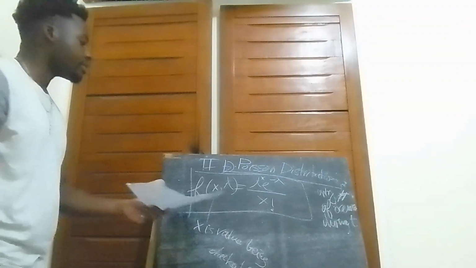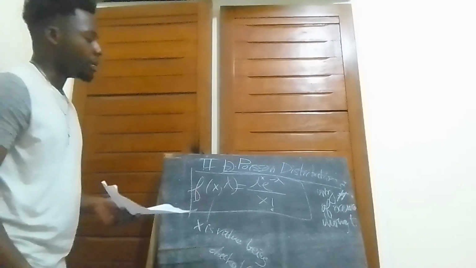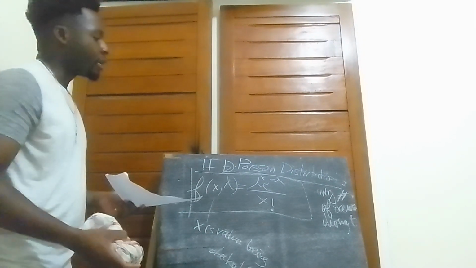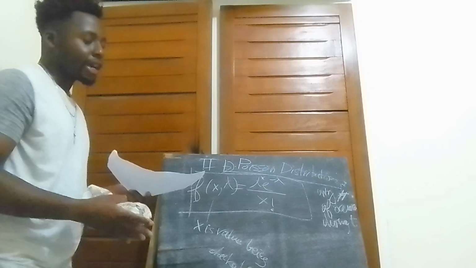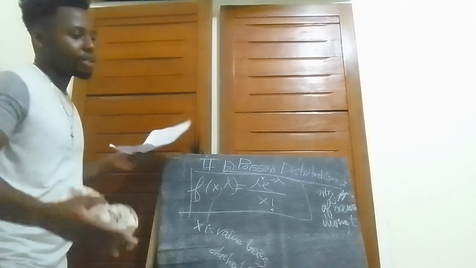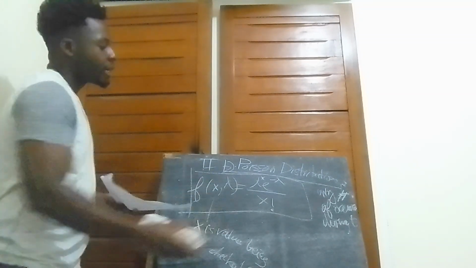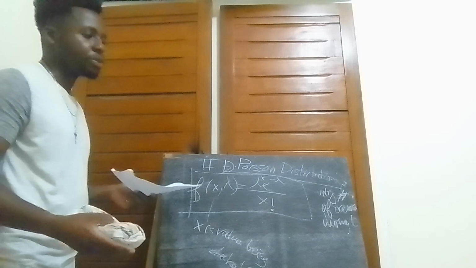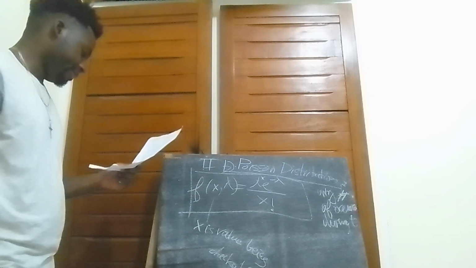So x is the number of times you get a particular outcome, say A out of A and A naught, where lambda is the average number of things that are supposed to happen during an hour.